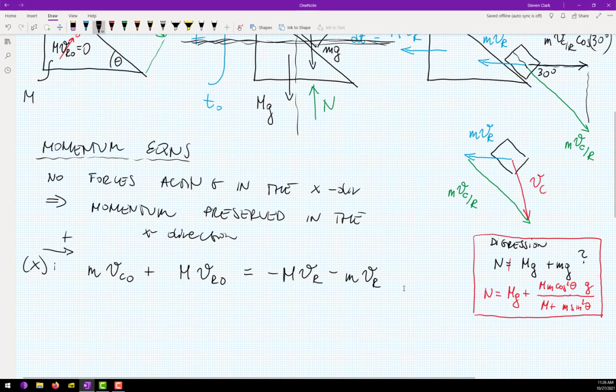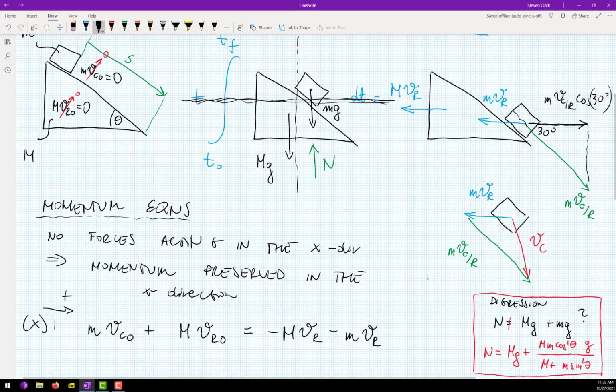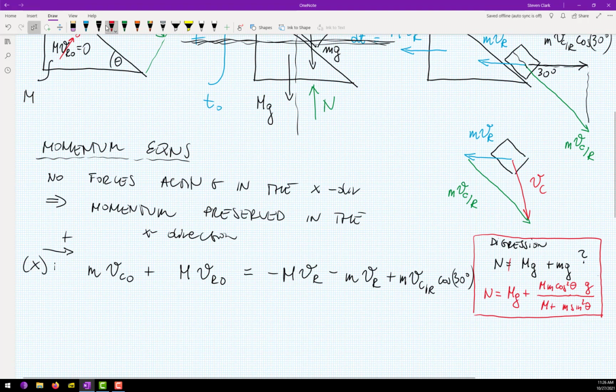So we will have in here plus m V_CR cosine 30 degrees. And I believe that this was 0 and this is 0. So we can write that 0 is equal to this expression.